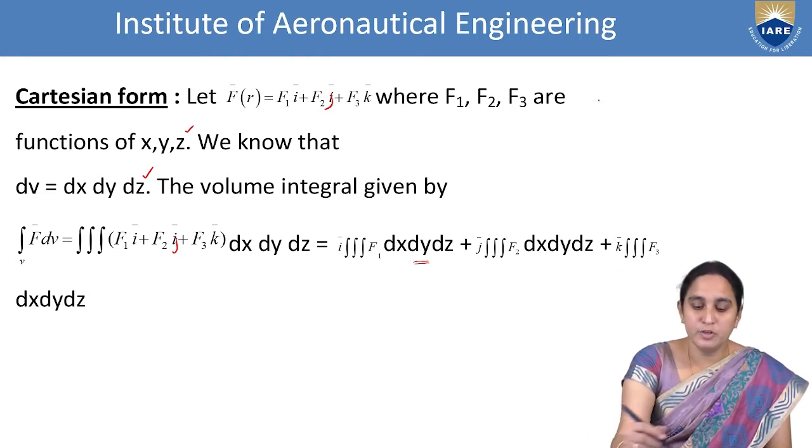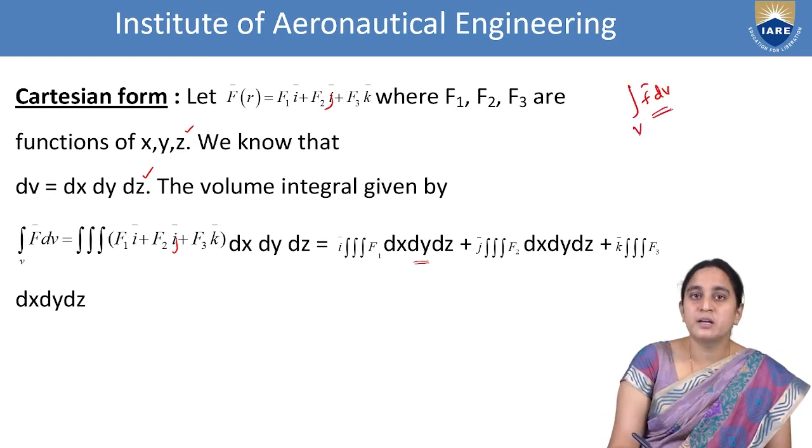Already we know from the previous slide that the volume integral means F bar dV. From the Cartesian form, I'll write each and every term here. F bar is the vector point function in the form of F1 i bar plus F2 j bar plus F3 k bar, and dV means dx dy dz.